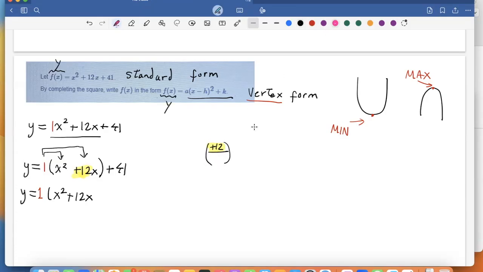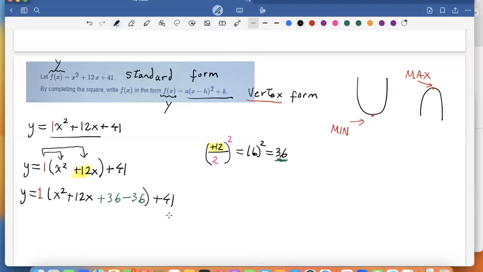We always divide by 2 and square. This value is going to be 6 squared, which is 36. So I'm going to go into the bracket and add and subtract 36, this value right here. I'm allowed to do that because 36 minus 36 is 0. So I'm not changing the equation.